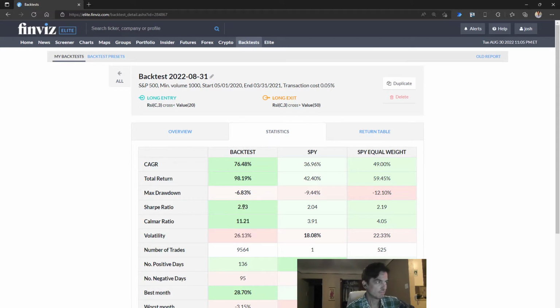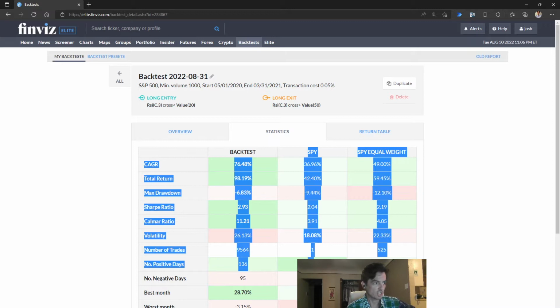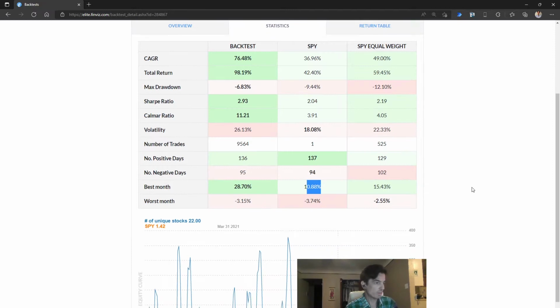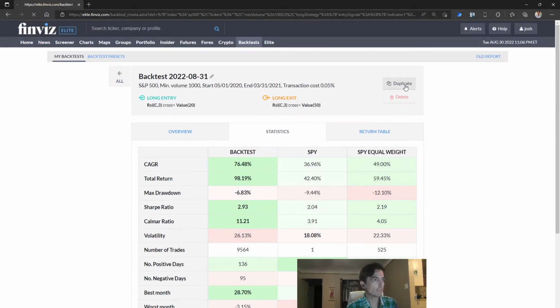The max drawdown's lower. The total return is higher. So you can see that just staying in the ETF, you're getting a way better return than... Now, this was a good year. This is a good time frame for the SPY. You made 11% in 10 months. It's really important to run this over a bad period.